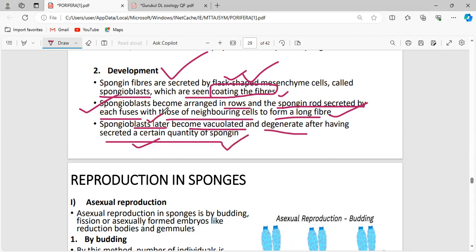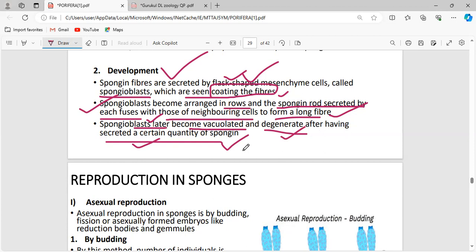The spongioblast gives rise to the spongin fibers, and it becomes vacuolated because all the contents are involved in making the spongin fibers. So at the end, there is nothing left inside the spongioblast. After some time, it becomes vacuolated and destroyed after it has secreted a certain quantity of spongin.